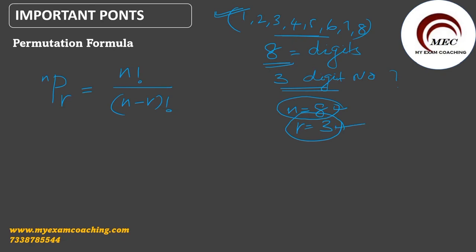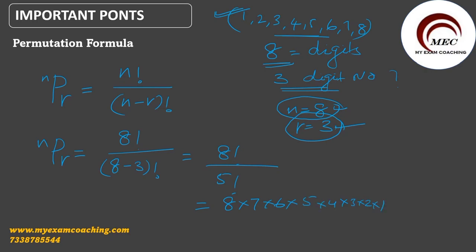So what is nPr? nPr is the permutation formula. Permutation is equal to 8 factorial, total n is 8, divided by (n minus r), that is (8 minus 3) factorial. So this will become 8 factorial divided by 5 factorial. Now 8 factorial means 8 into 7 into 6 into 5 into 4 into 3 into 2 into 1, divided by 5 factorial, 5 into 4 into 3 into 2 into 1.